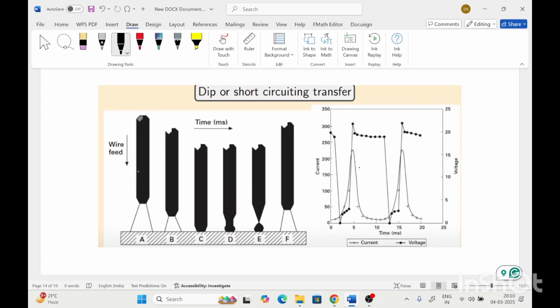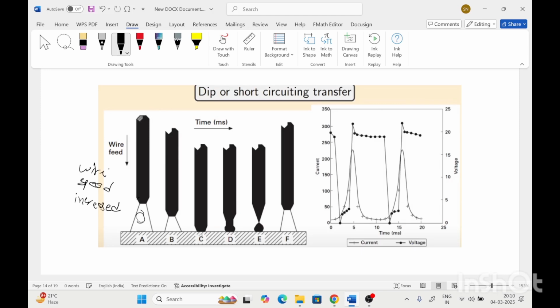So this is the wire electrode and the arc is generating here, and the wire feed speed is increased. As the wire touches the workpiece, the arc will extinguish.